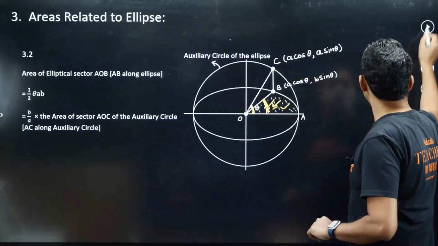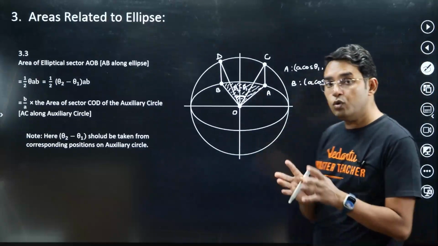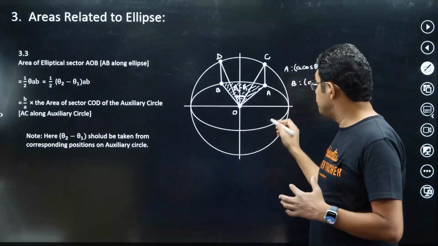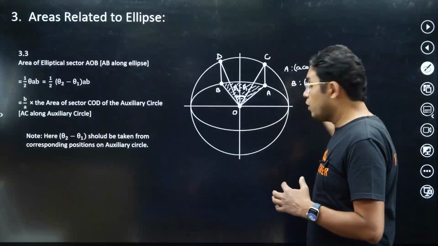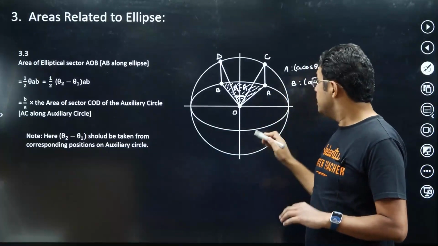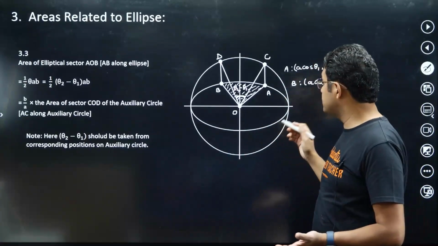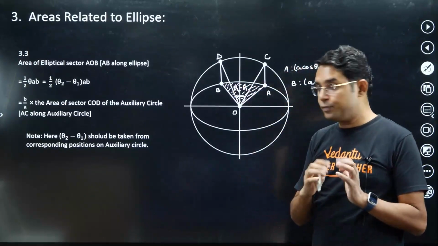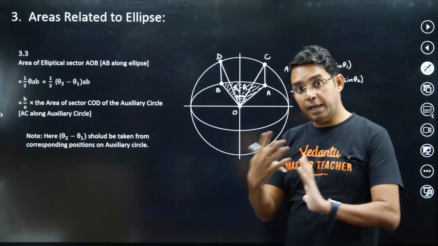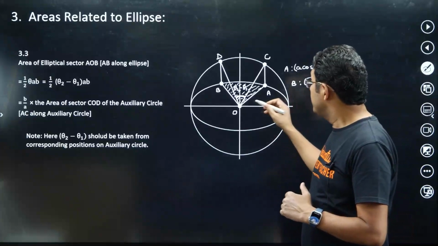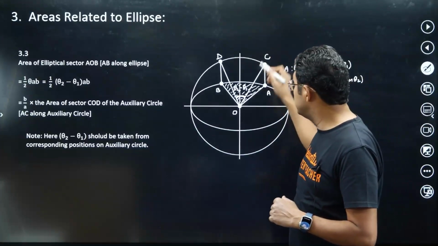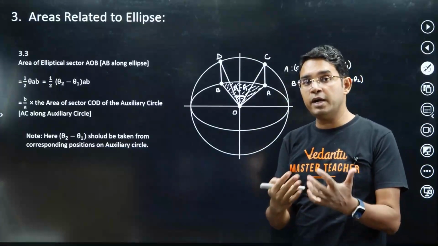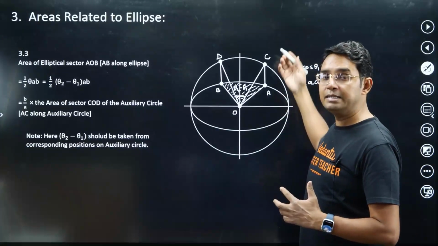Okay. Now similarly, if you have two radii of the ellipse which are not along the major axis or minor axis, then this can also be used. In this case also, please see the area of OAB, that is on the ellipse, will have the same ratio B upon A with the area of the circle, that is OCD, where C and D are the corresponding points on the auxiliary circle.